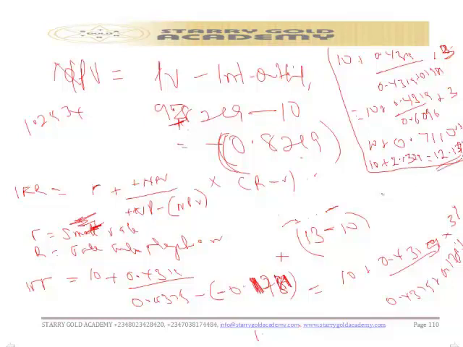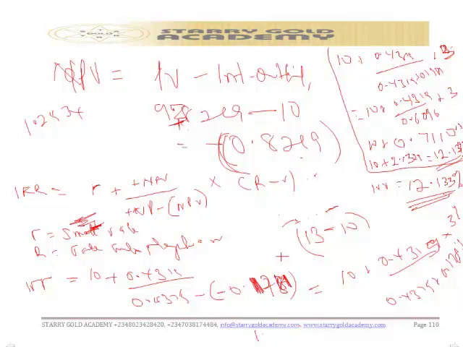So our internal rate of return, our IRR, is approximately 12.13%. So that's our internal rate of return using the interpolation method, which is also known as the trial and error method.